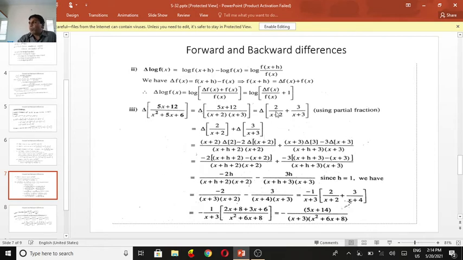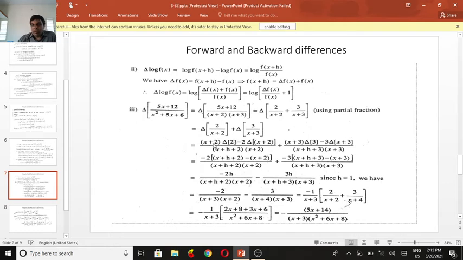So this is the first property, Δ of a f of x plus b g of x is a Δf of x plus b Δg of x. That is Δ of 2 by x plus 2 plus Δ of 3 by x plus 3. Again, this is in the form Δ of f of x divided by g of x, so we apply the formula.